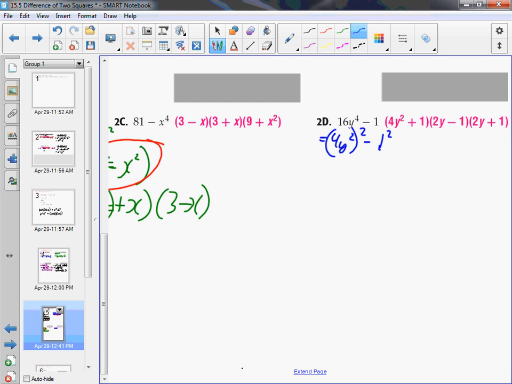It's 1 squared. So a is 4y squared plus b, which is 1, times 4y squared minus b, which is 1. The first parentheses is not factorable. If it was a minus sign between them, it would be, but it's not, so it's not factorable.